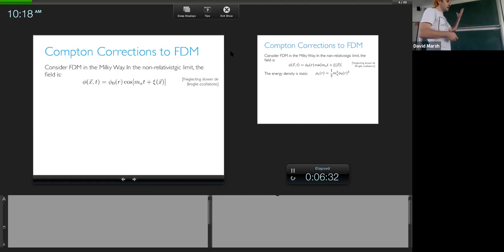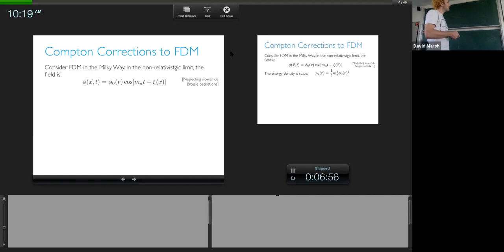So all of the fluctuations that we've seen giving rise to relaxation for fuzzy dark matter and halos happen on de Broglie timescales set by the mass of the particle and its non-relativistic velocity. But if we reinsert the Compton oscillations, we can express the local axion field in the following way.